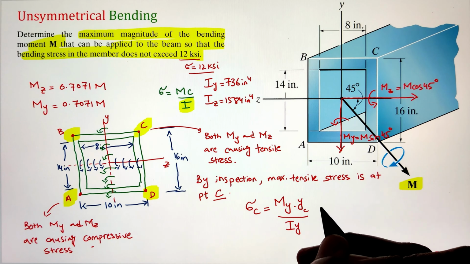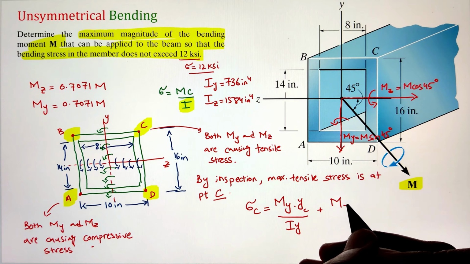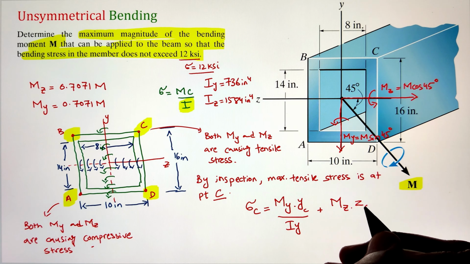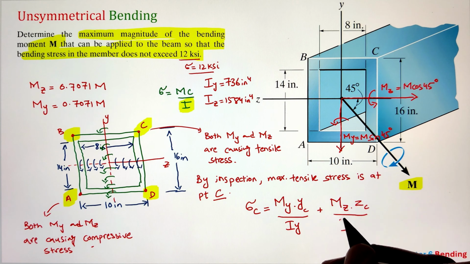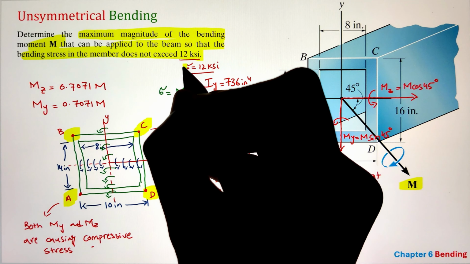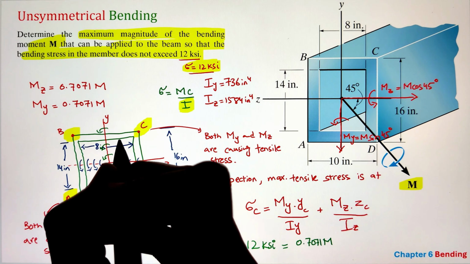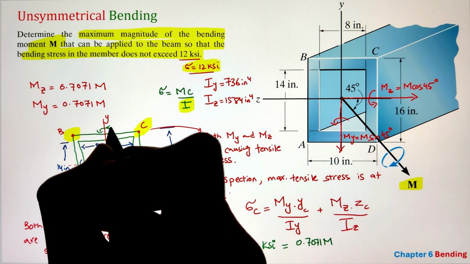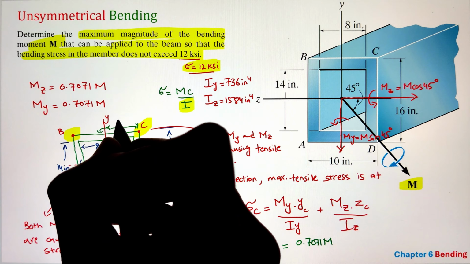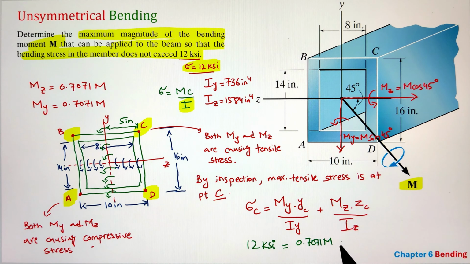Now in this case we are looking at the combined effect of both of the moments My and Mz at point C. Since in the question it is given to us that the maximum stress in the member should not exceed the value of 12 ksi, replacing sigma C with 12 ksi, plugging in the value of My as 0.7071 M times yC, that is the distance from the y-axis to point C.